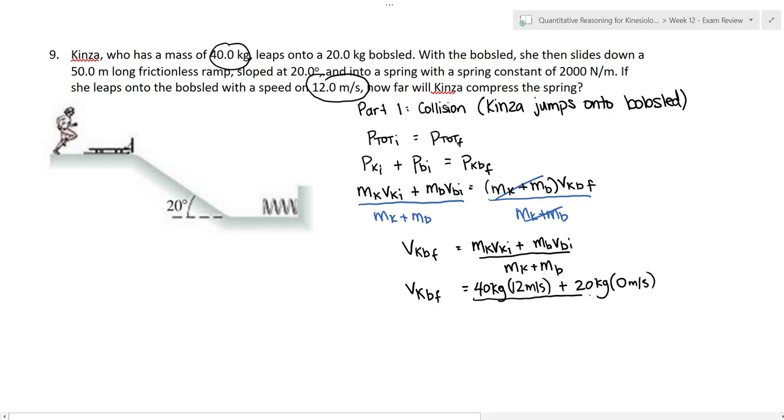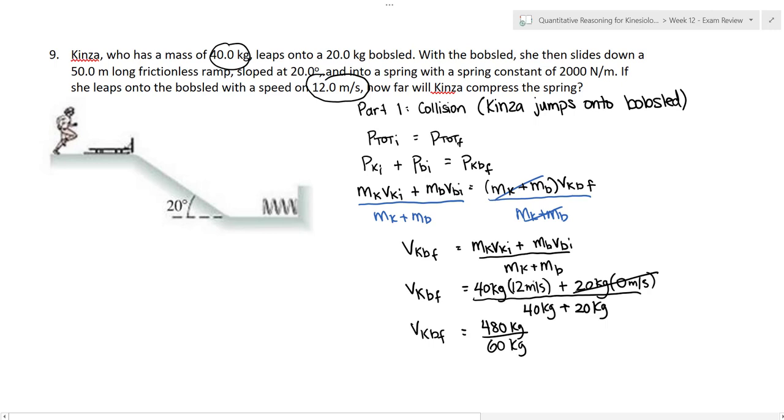Divided by the mass of Kinza, which is 40 kilograms, plus the mass of the bobsled, which is 20 kilograms. So what do we get here? 20 times 0 here is 0. So we have velocity of Kinza in the bobsled final is equal to 40 times 12, which is 480 kilograms, over 40 plus 20, which is 60 kilograms.